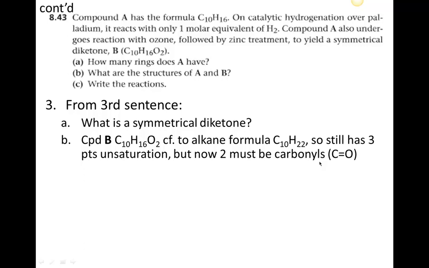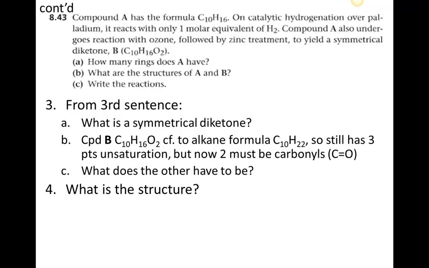We must still have 1 ring. So now we have to figure out the structure. We originally had 2 rings and 1 double bond. Now we have 1 ring and 2 carbonyls. Where could the double bond have been in the original molecule with 2 rings?